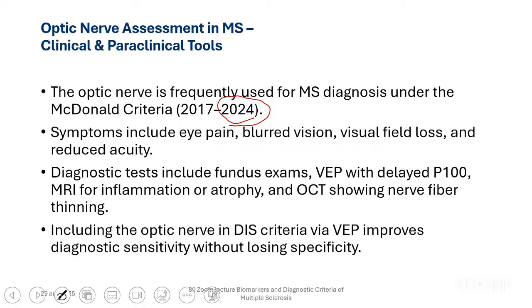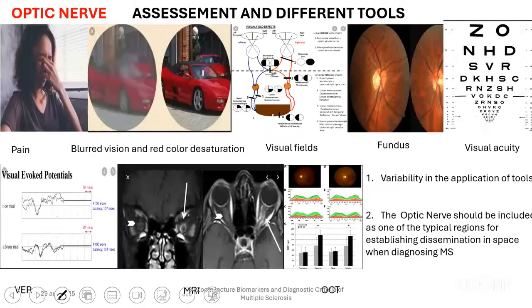So, including the optic nerve in dissemination in space criteria via MRI plus VEP improves the diagnostic sensitivity without losing any specificity. So these are the various things which you can see. The blurred vision and red color desaturation. You can see how they are seeing the red color. And of course, visual evoked responses, optic neuritis, fundus, visual acuity may be lost, evoked potentials, and then the OCT.